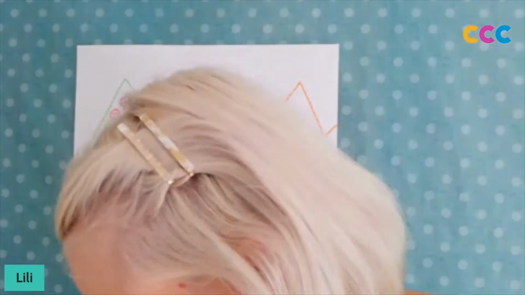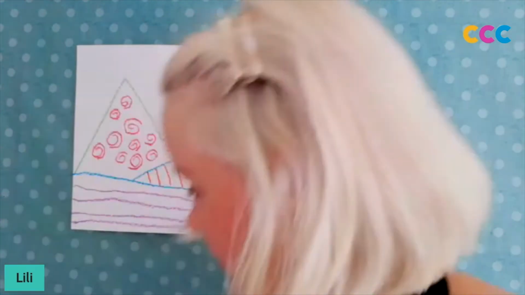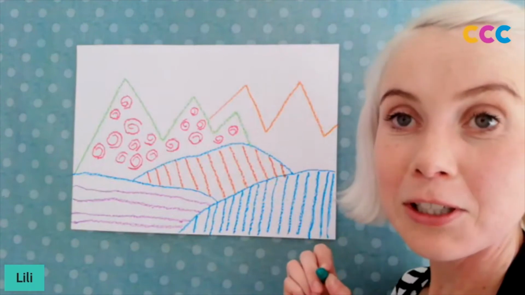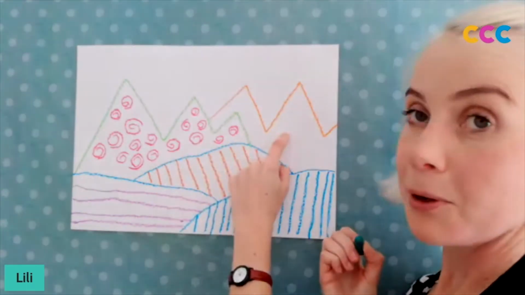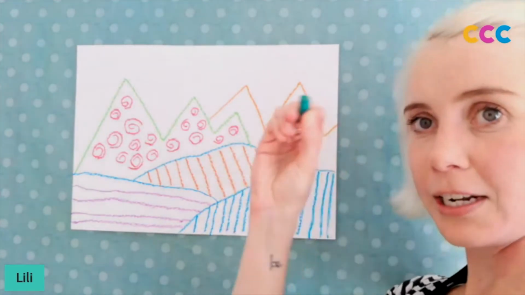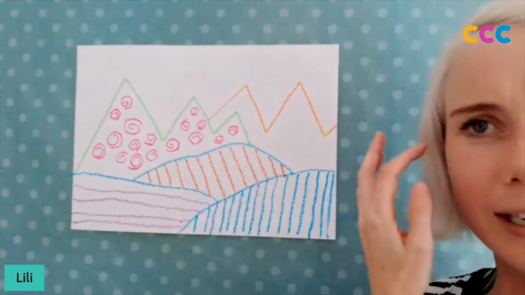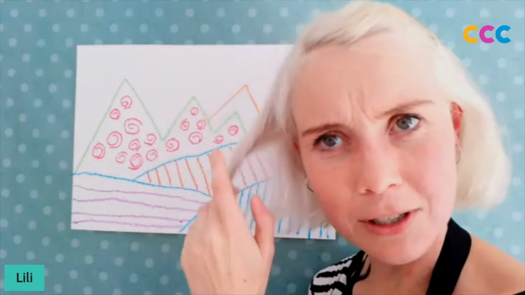Okay. So let's choose another color. This one. I'm going to do, so this was a spiral one. Now I'm going to do, let me see, a curly one. Okay, so curly is more long, like curly hair. I don't really have curly hair. Maybe you've got some curly hair.